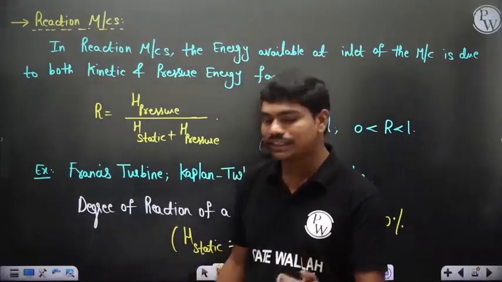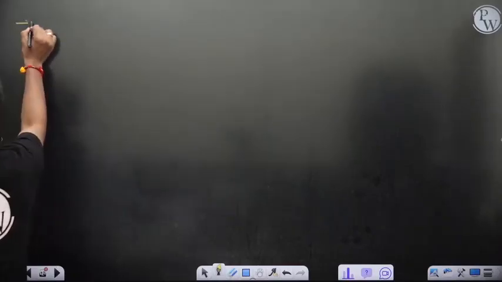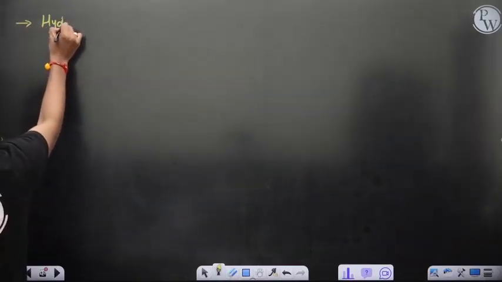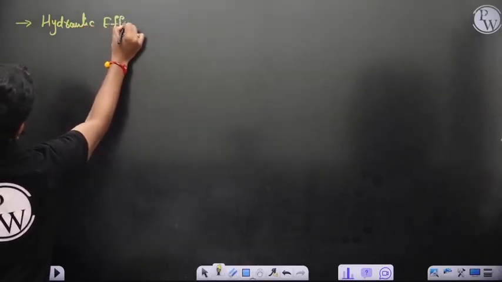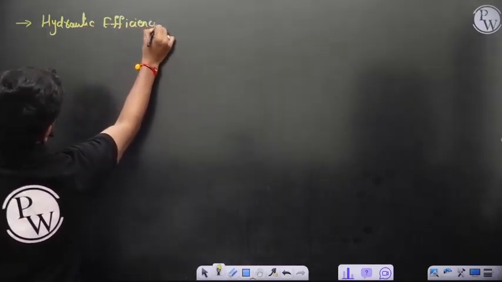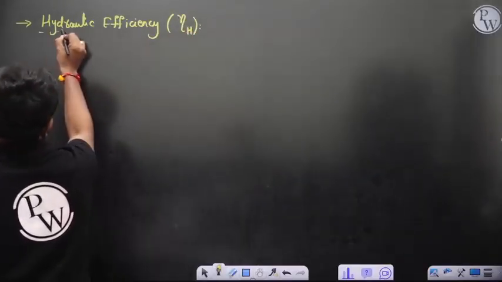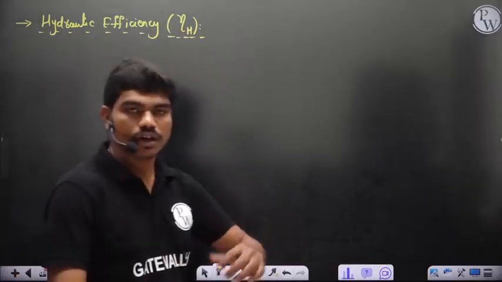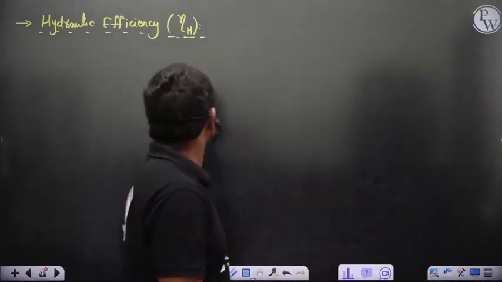I would like to extend these definitions to some types of efficiencies. So the first one, which is very important for any hydraulic machine, is hydraulic efficiency, which is also called eta H, or sometimes, in case of Pelton wheels and all, it's also called wheel efficiency. So let's check it up. Hydraulic efficiency.